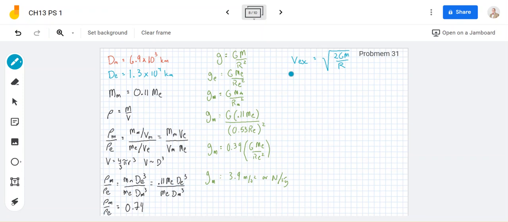But if I want to calculate the escape speed for Earth, for example, it's going to be equal to the square root of 2g mass of the Earth divided by radius of the Earth.